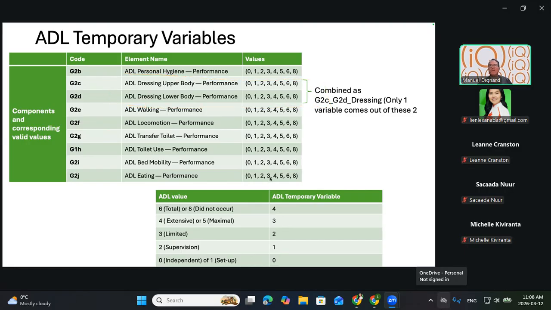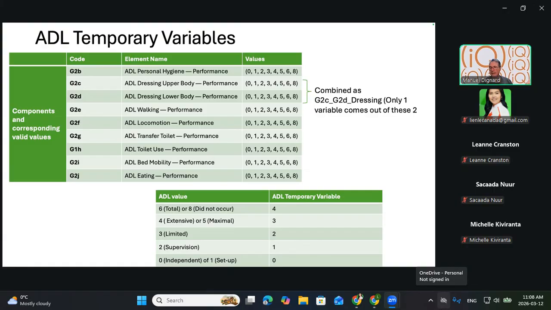Now, for all of these, we see what those numbers are transferred to because we can code anywhere from 0 to 8. So if they're a 6 to 8, counts as a 4. Because when we're going to go through the calculations of the quality indicators, we're always going to use from 0 to 4. We're not going to use from 0 to 8.